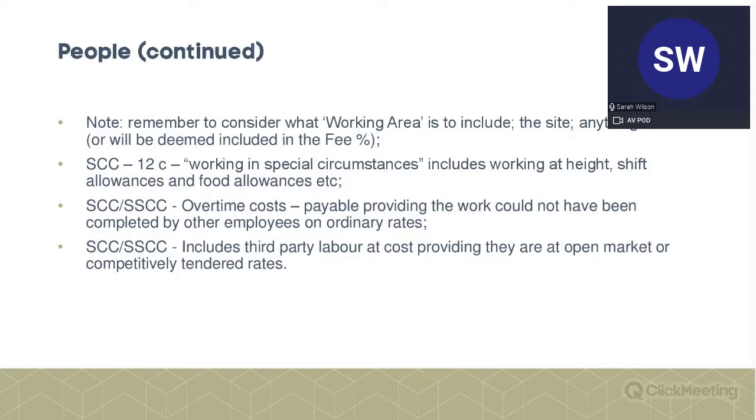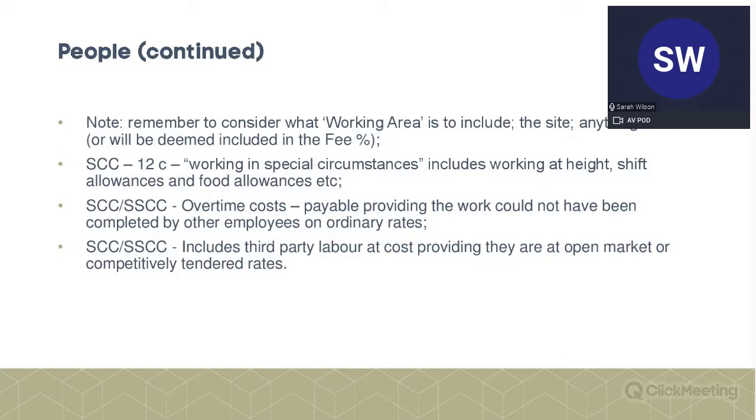Rather than 1 being the people and then 1.1, 1.2, 1.3, it immediately goes to 11, then 12. So this is the second element of the people. It's pretty obvious if you look at it. It just looks a bit confusing from these slides. So 12C, we've already looked at this, working in special circumstances.